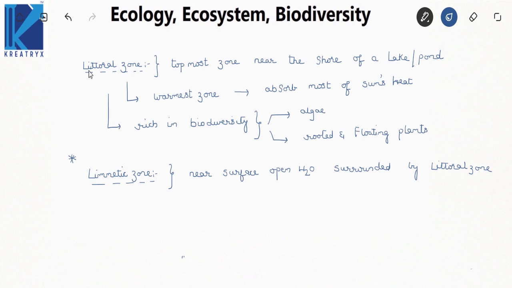Now, what are the characteristics? This zone is farther from the shore, that you can say easily. Light can be penetrated to this zone.